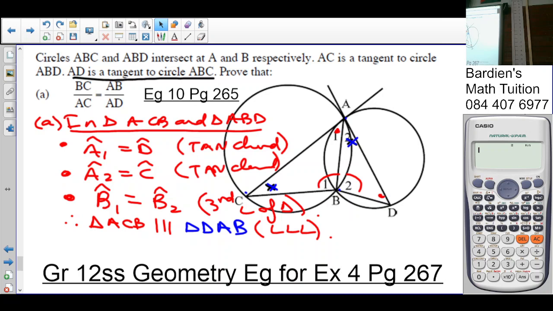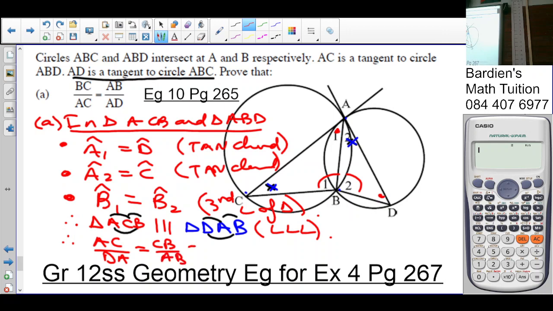Alright. People, what can I conclude from here now? I can then say, therefore, AC over DA is equal to CB over AB equals AB over DB.